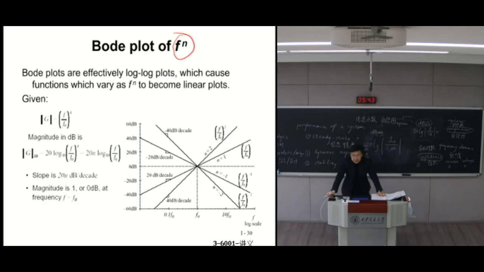If you want to draw the Bode plot, the magnitude Bode plot has a picture like this. Okay, horizontal axis in log scale, and vertical axis in the dB scale.